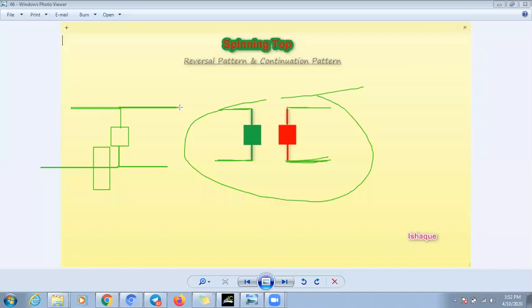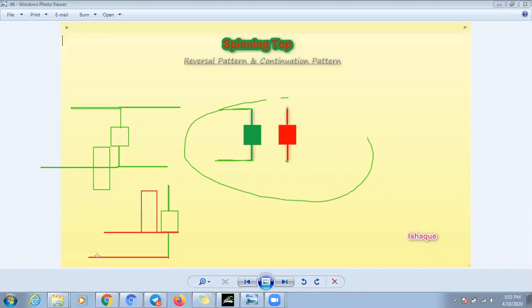But if you find this green spinning top, and before it you find a red candle, then one level is increased because of the color change. Another level is here. So now this spinning top has two levels from below and one level from the upper side.